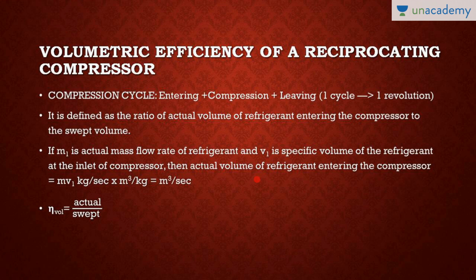Then the actual volume of refrigerant entering the compressor is m dot into v1. m dot is kg per second and v1 is meter cube per kg. So the actual volume entering the compressor is in meter cube per second.